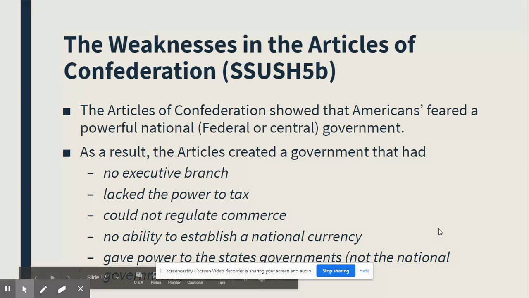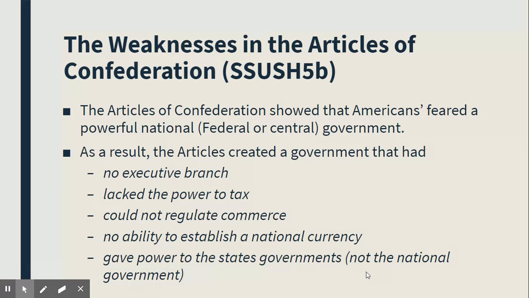Also, no ability to establish a national currency, and it gave power to the state governments, not the national government. A lot of people back then liked having the power in the state governments, but we're going to see that that's actually going to become problematic later on. The national government has to have power too, and that's where we're going to get into the whole separation of power thing.